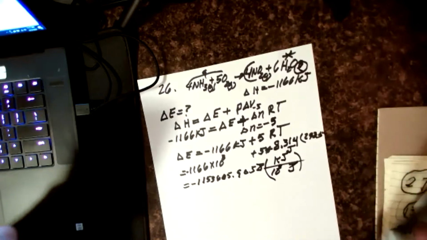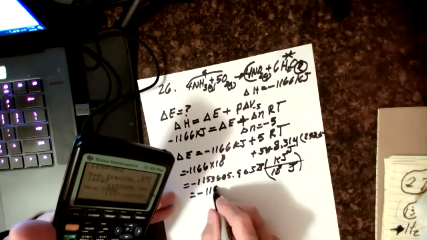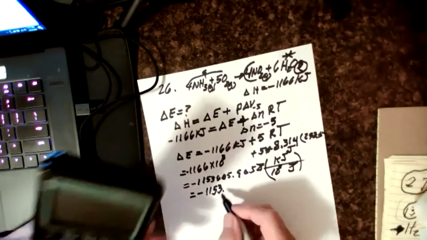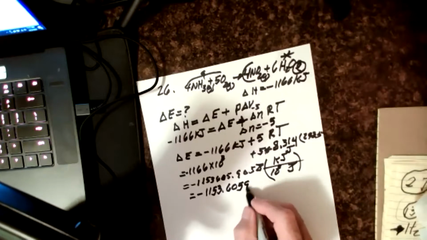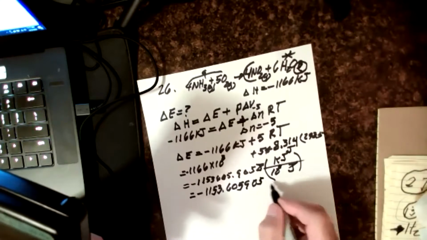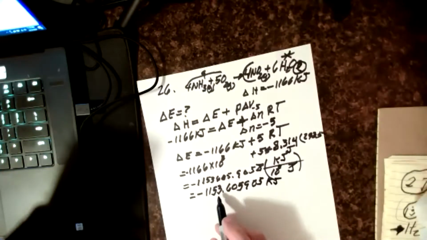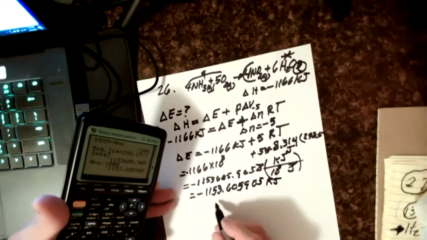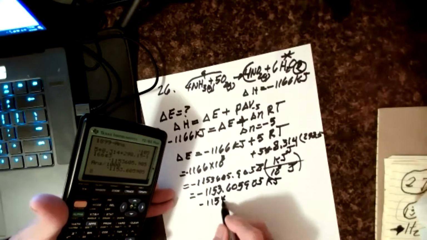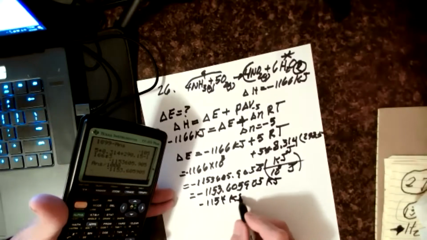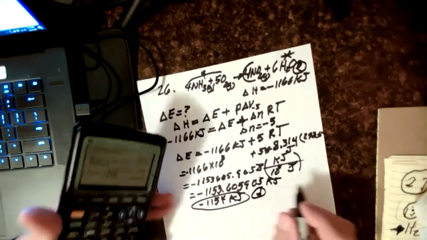And I come up with minus 1153.605905. And now this is in kilojoules. I'm going to round off the answers to no decimal places, so we get minus 1154 kilojoules as our answer. And that is response D on the exam.